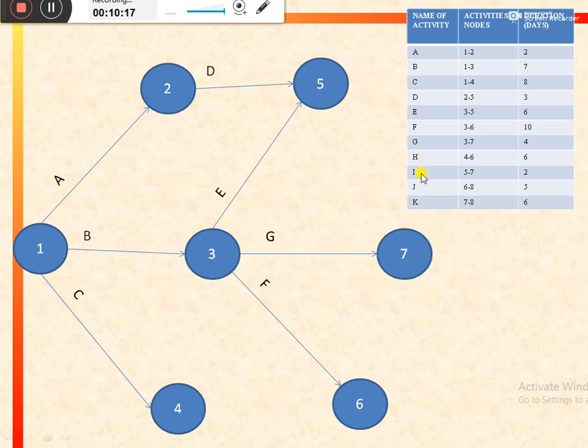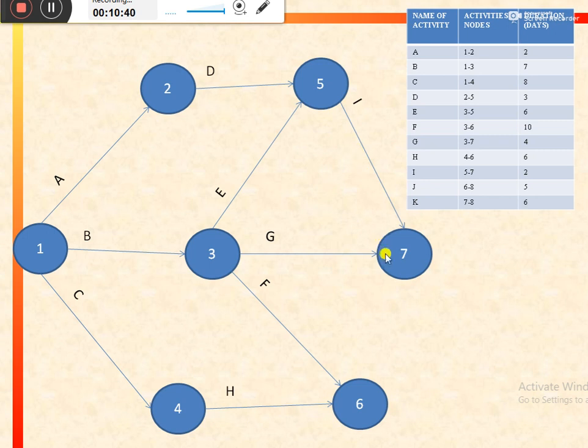Further, the activity H is starting from node 4 and ending at node 6. So it would be between node 4 and node 6, at this place, like this. Further, in a similar way, we can draw the activity I, that is between node 5 and node 7.